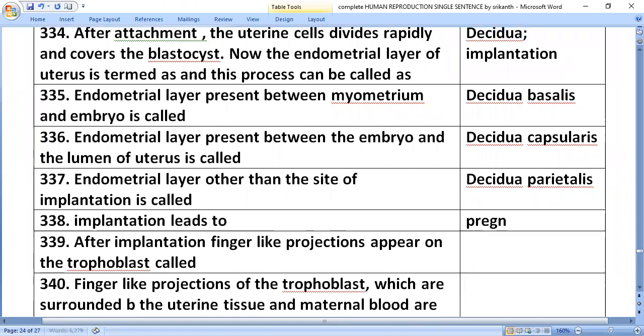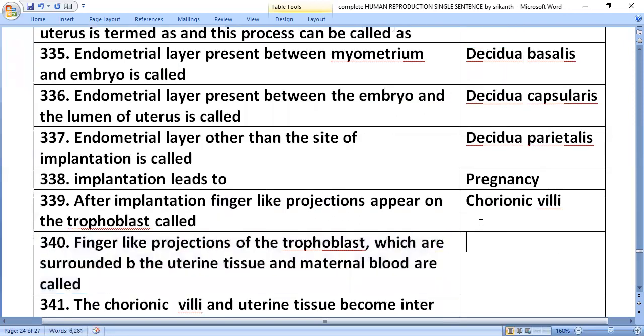After implantation, finger-like projections appear on the trophoblast, called chorionic villi. These finger-like projections of the trophoblast are surrounded by uterine tissue and maternal blood.